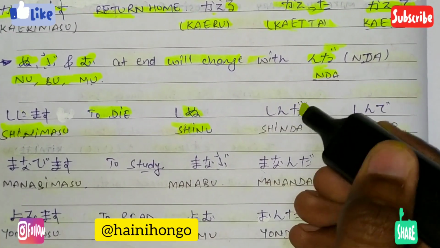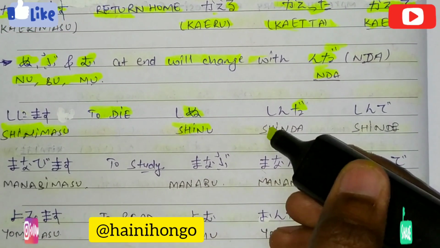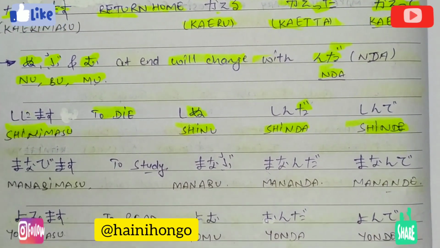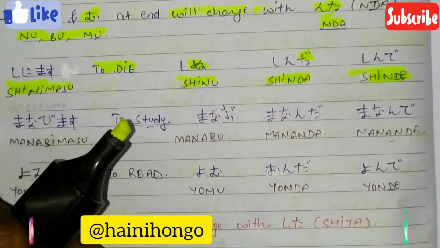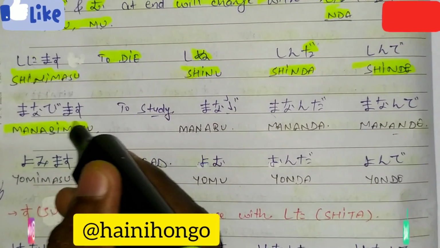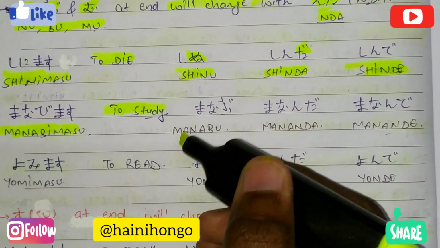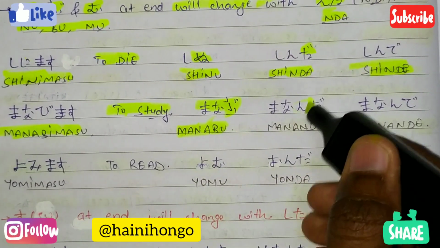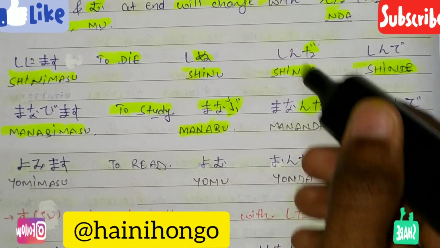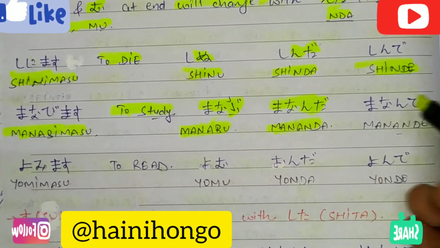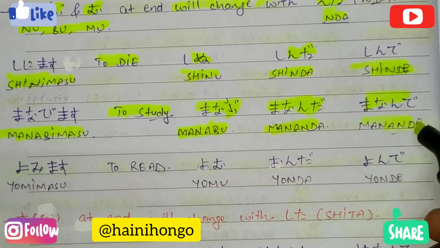So nu will change with nda, and the ta form would be shinda and the te form is shinde. Next one is manabimasu. Manabimasu means to study. The dictionary form of manabimasu would be manabu. So this bu would be changed with nda. So the ta form of manabimasu would be mananda and the te form would be manande.